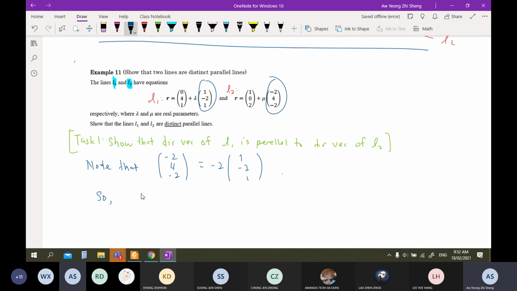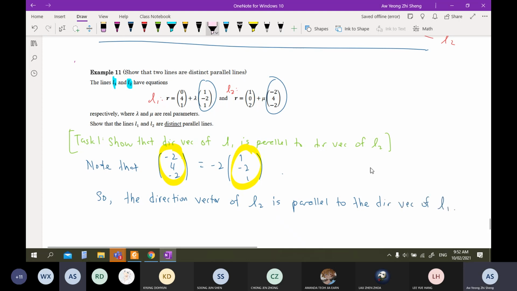So the direction vector of L2. Okay, so we have shown that one vector is a scalar multiple of the other. That means these two vectors are parallel. So we say the direction vector of L2 is parallel to the direction vector of L1.